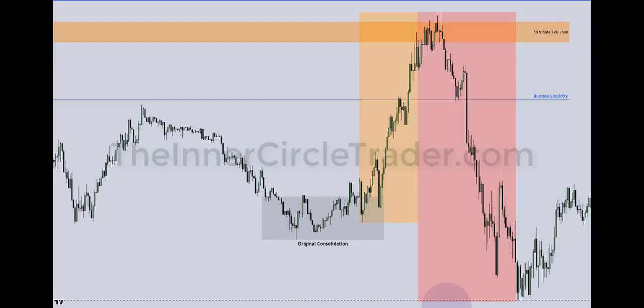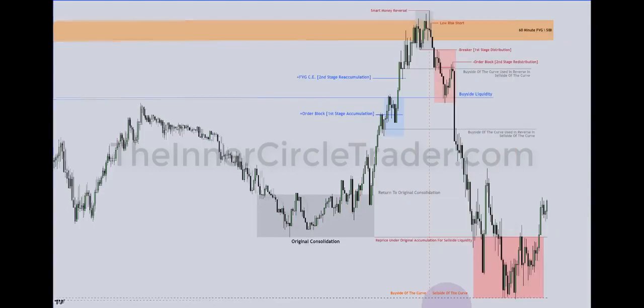All right, if you haven't paused the video and want to, you better have it paused because I'm about to continue. When you're looking at this, my eye sees this. Return to the original consolidation. The market rallies up. We have a down close candle that's just below this area right here.